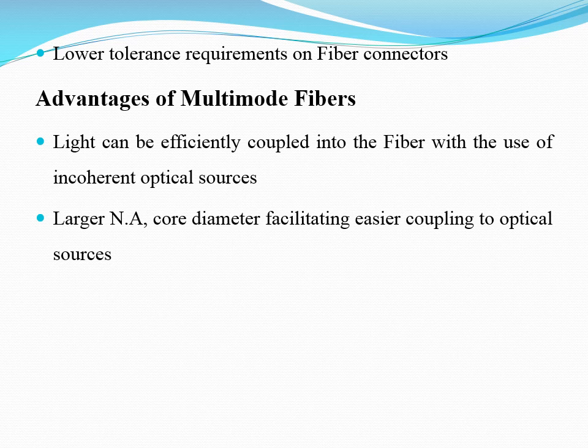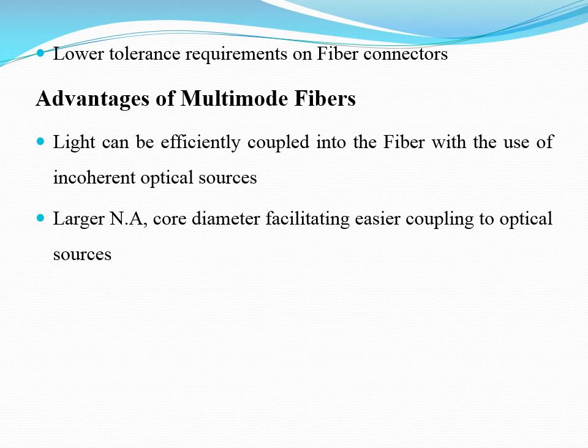Then, since the numerical aperture is larger in these multimode fibers, as we have seen in the previous concept of aperture or numerical aperture, wherein the core diameter also plays a very important role, the light can easily be coupled into the optical fiber.